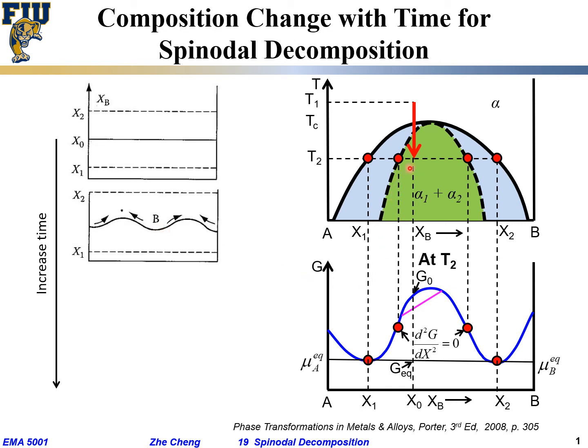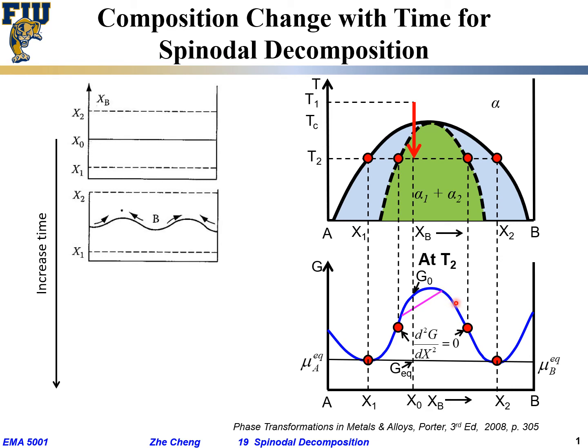Now go back to here again. When I'm initially here, one part is a little bit leaner, the other half is a little bit richer. But as this process goes, where would those two parts become? The leaner one will go which way? Go up or go down? Go down, right? The richer one will go which way?